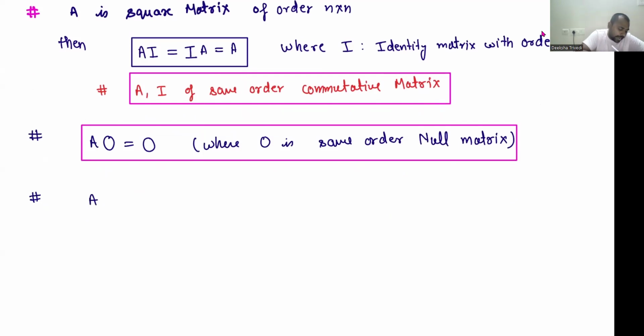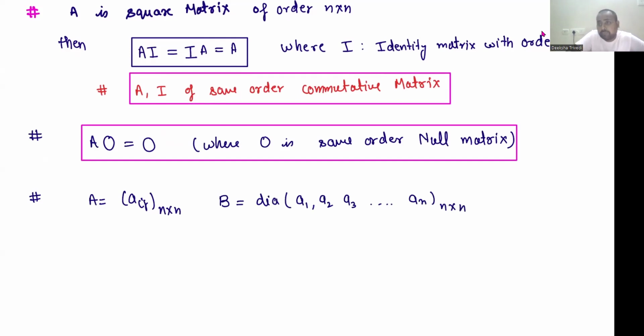suppose A is any matrix Aij of order n cross n. And we have another matrix B that is a diagonal matrix with elements A1, A2, A3 up to An in the diagonal of order n cross n.